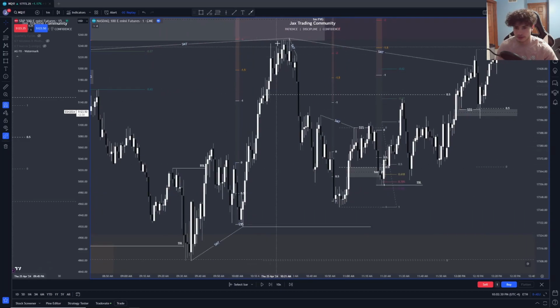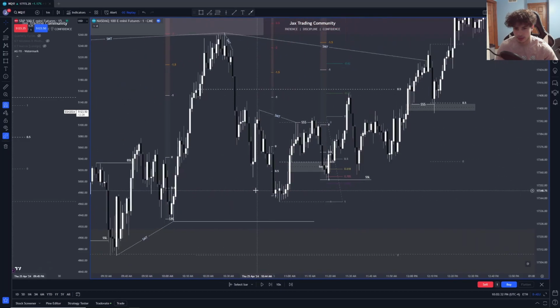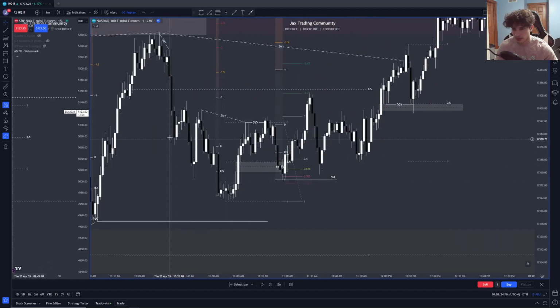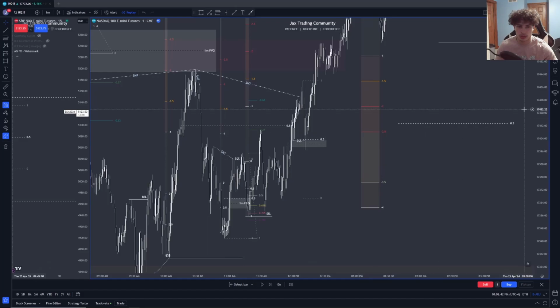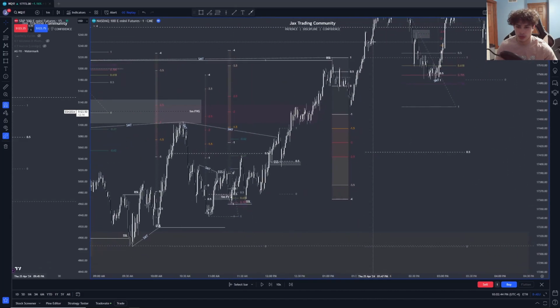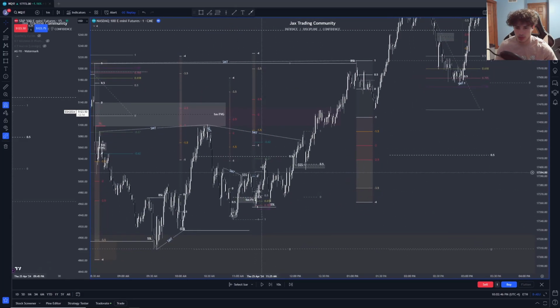This is a leg fractal, but inside of this leg fractal we have more legs, and inside of those legs we have even more legs that can be further defined, and all of those can be fractals.